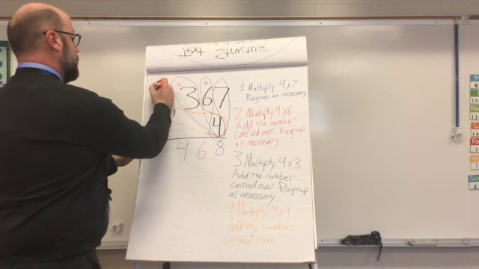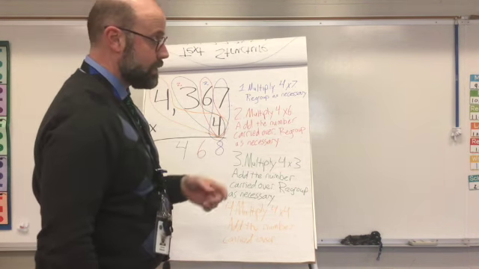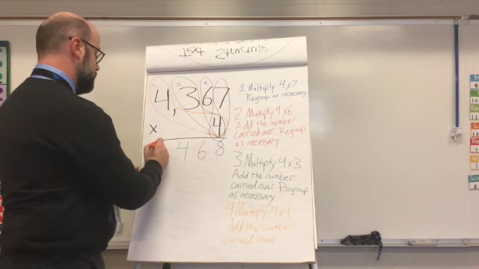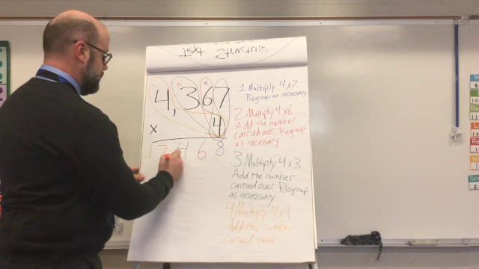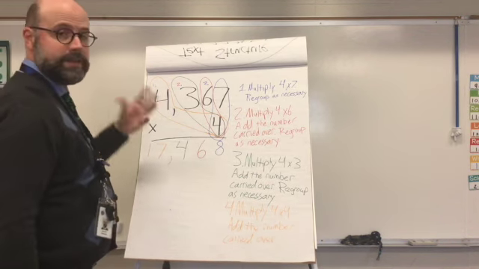Four times 4 is 16. If you have to skip count, you have to skip count. 4, 8, 12, 16, plus 1 is 17. There's no more regrouping or anything because that's the last number.